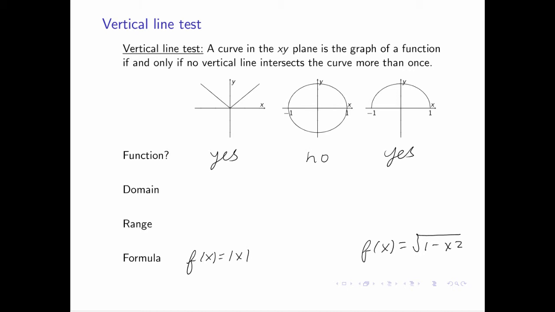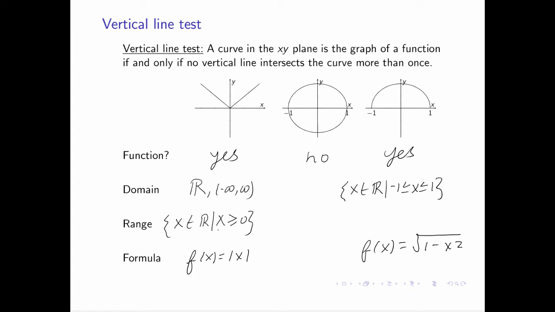The domain on the left is all real numbers, or we could also write that as the open interval minus infinity, infinity. The domain on the right is x a real number such that minus 1 is less than or equal to x is less than or equal to 1. Now the range on the left is y a real number such that y is greater than or equal to 0.